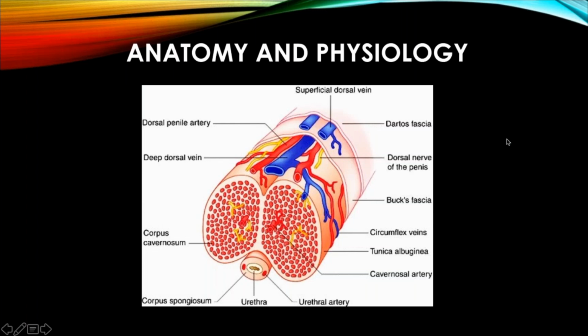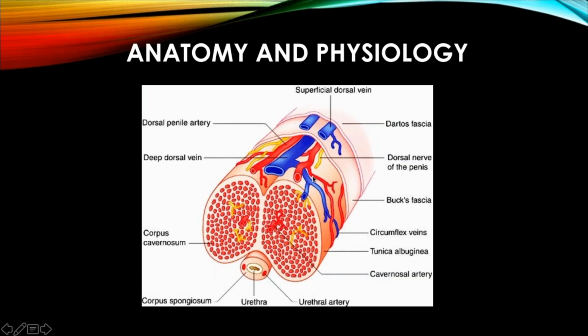Just a little bit of basic anatomy of the penis. So the penis is sort of a unique vascular structure. It has two erectile chambers in the middle called the corpus cavernosum. These are what hold the blood for erections. And above them are the dorsal vein and the dorsal arteries of the penis.